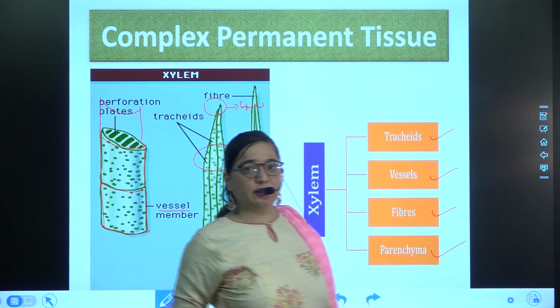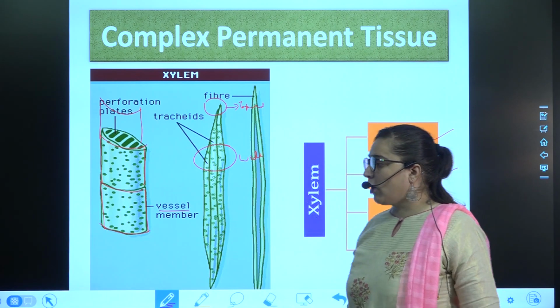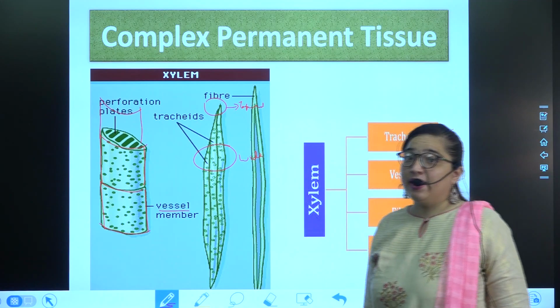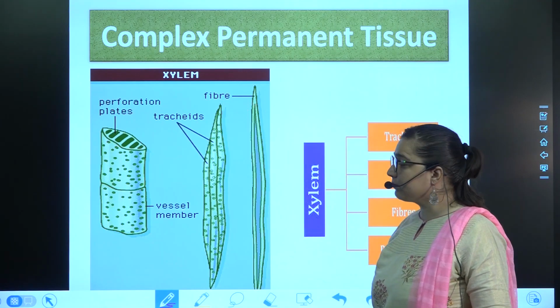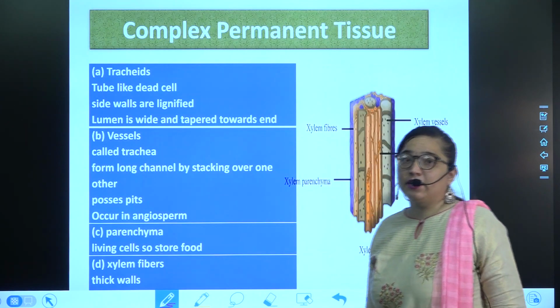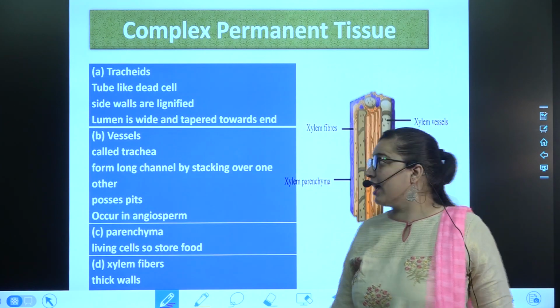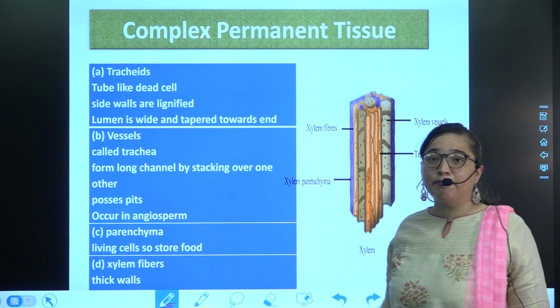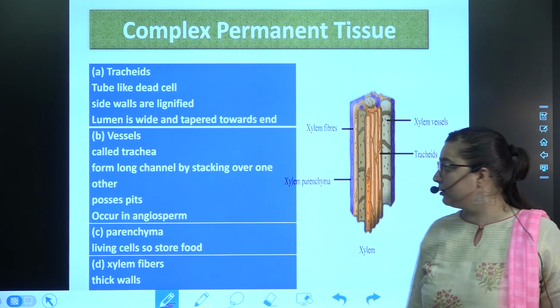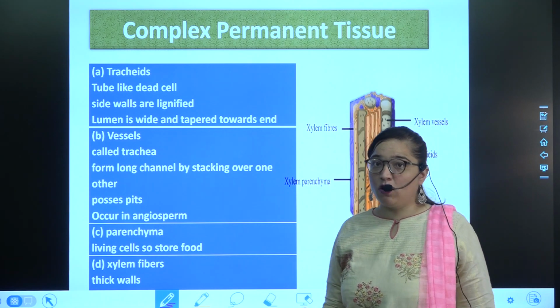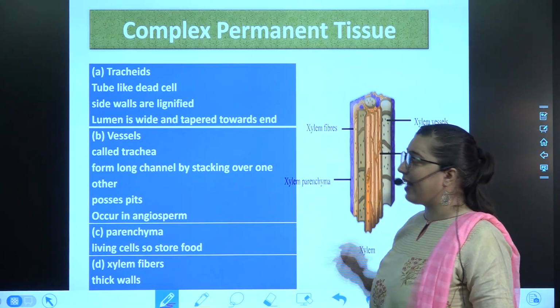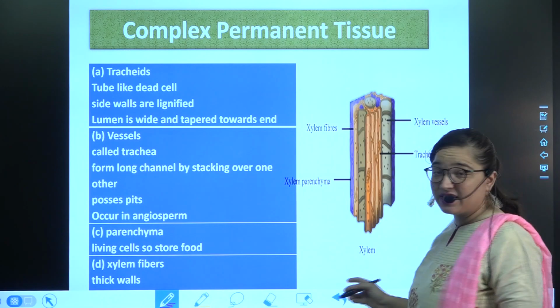So this is about the complex permanent tissue, then about its 4 parts. These are the 4 parts that we had discussed last time: tracheids, vessels, xylem parenchyma and xylem fibers. Tracheids are dead cells. The ends are lignified and the lumen is wide while they are tapered towards the end.